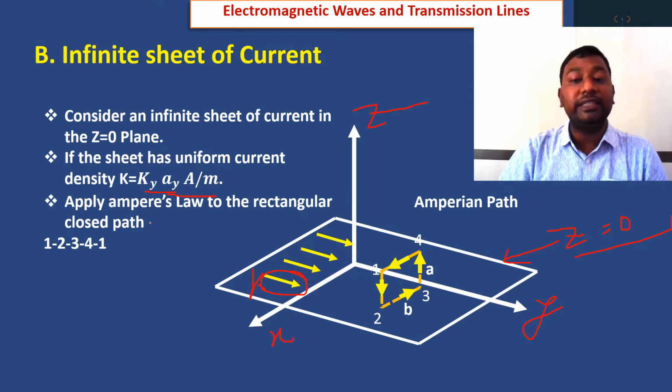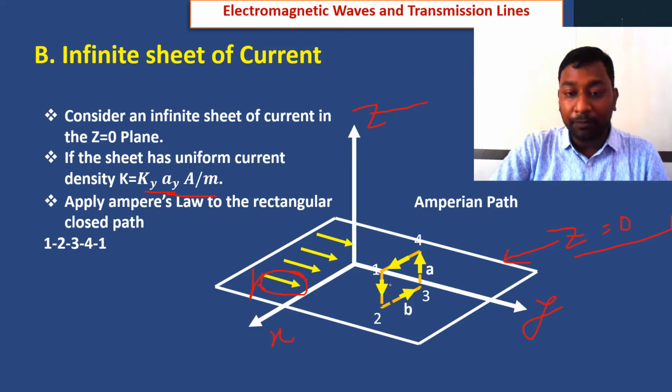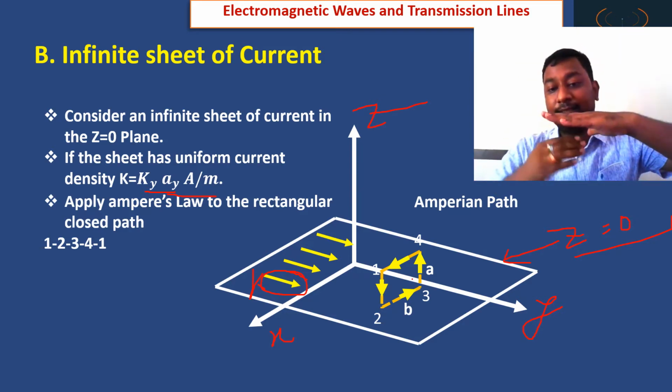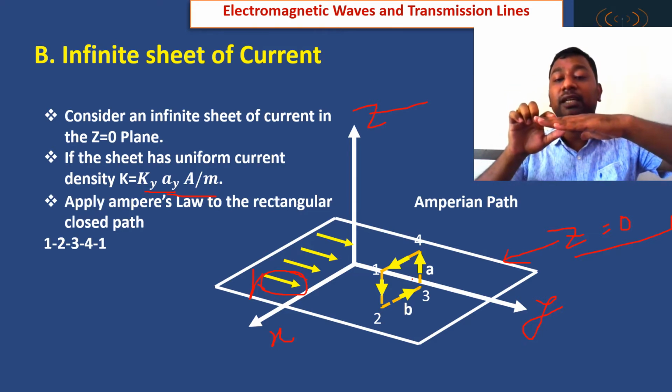So if one sheet is there, we are considering the closed path 1, 2, 3, 4, 1. In this z equal to 0 sheet, half of the path is below the sheet and half of the portion is above the sheet.